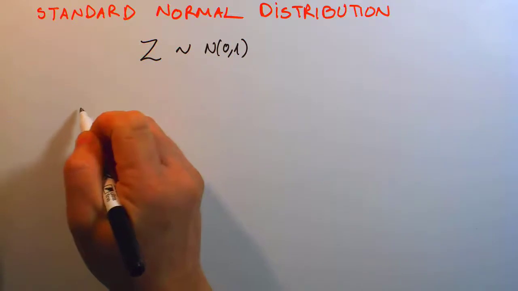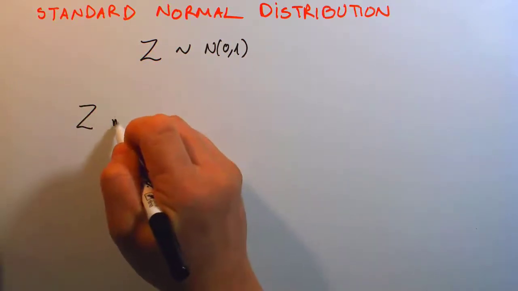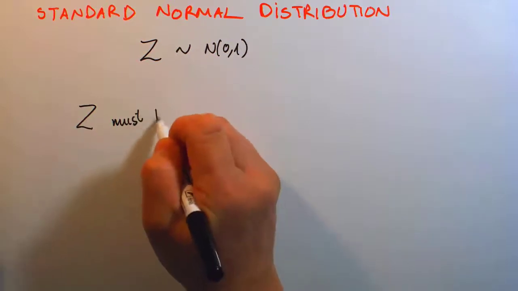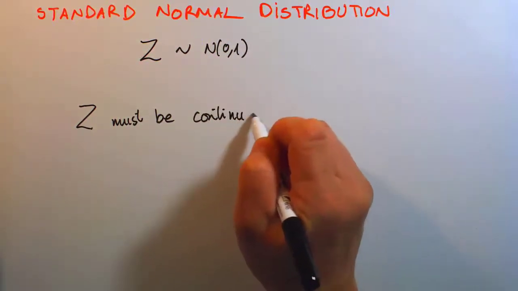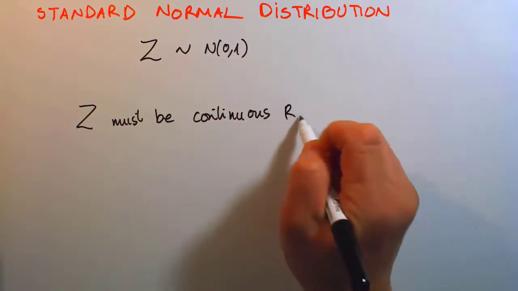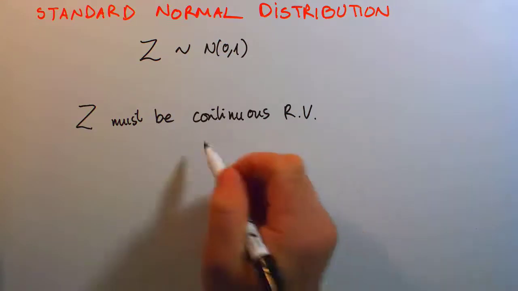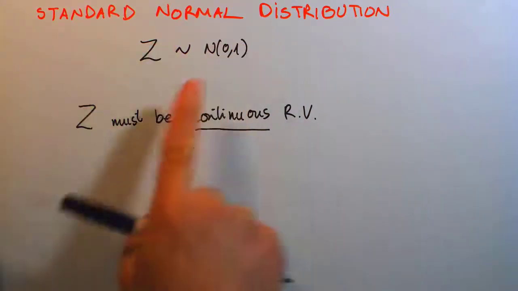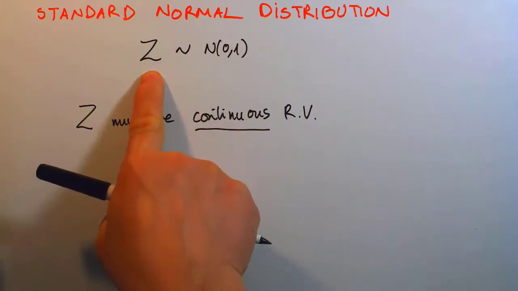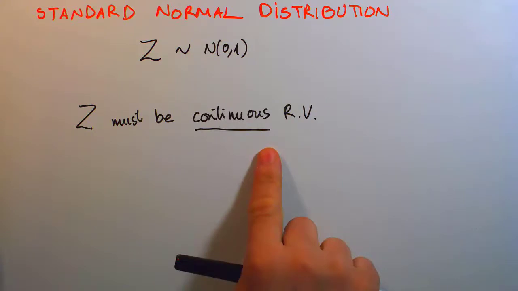In the end, that random variable z must be a continuous random variable again. And so being a continuous random variable, this standard normal distribution, or this z continuous random variable, must carry all the characteristics of being a continuous random variable.